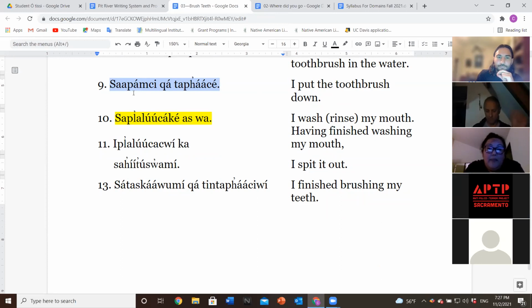And Morningstar. Sapamchi gadapaje. Can we say that one more time? Sapamchi gadapaje. Yeah. Pretty good. On the right track.